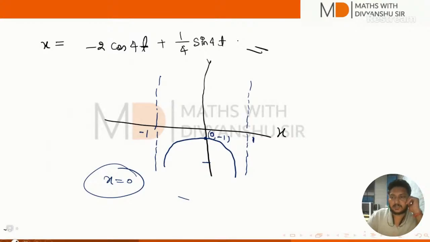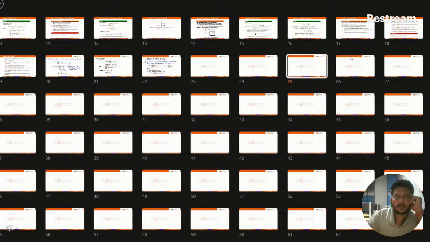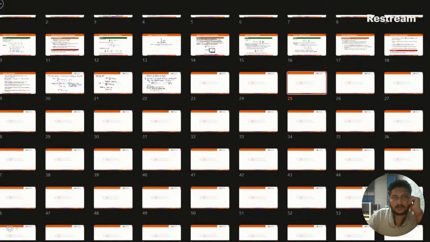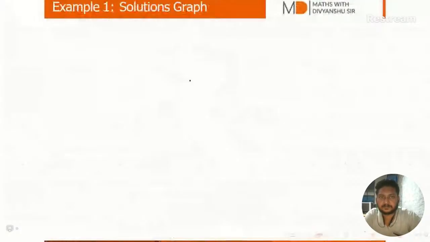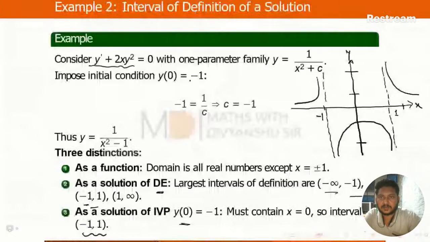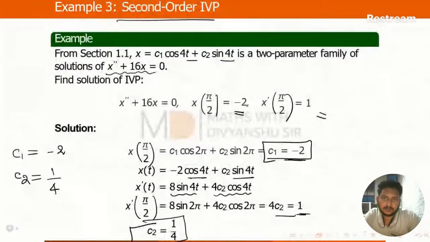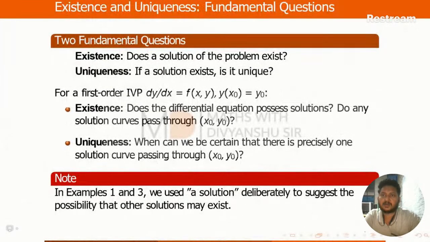Now come to the next slide, that is the important part. So this is our problem that we study here. Now in the next part, the portion is the existence and uniqueness fundamental question.